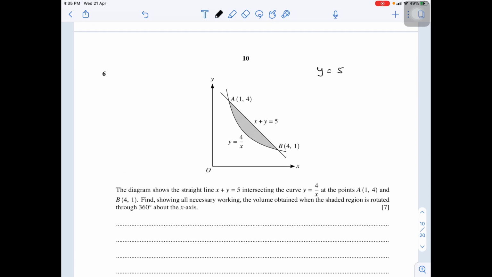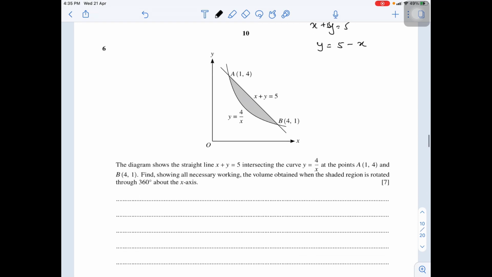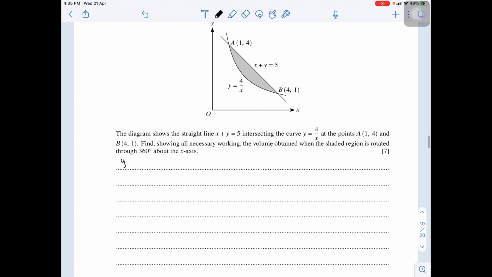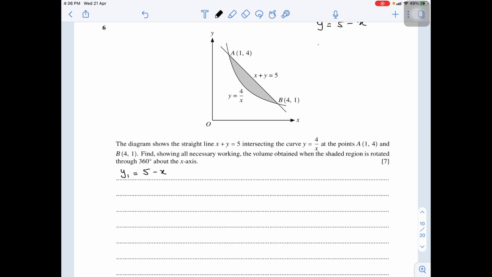So the top curve's equation is x plus y is 5. So I'm setting y on one side, x on the other side. So y is 5 minus x. So I'm writing the equation of the curve, which is the line, y1 is 5 minus x. A line is also a curve.